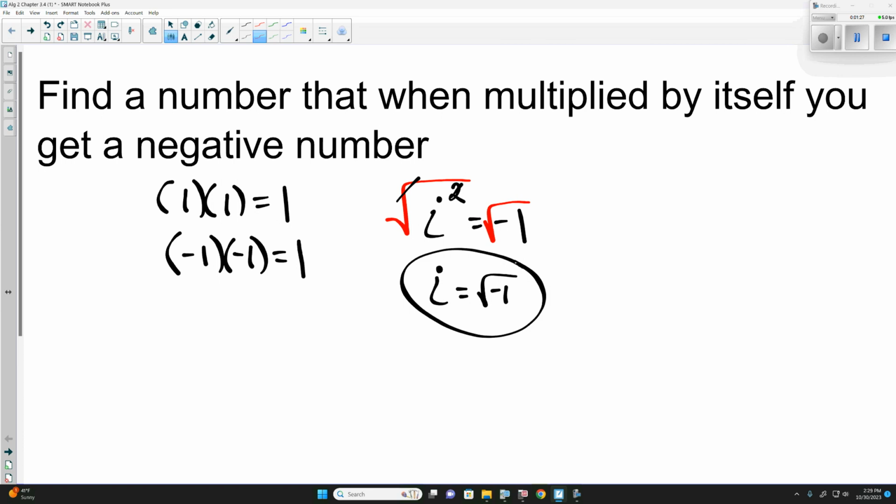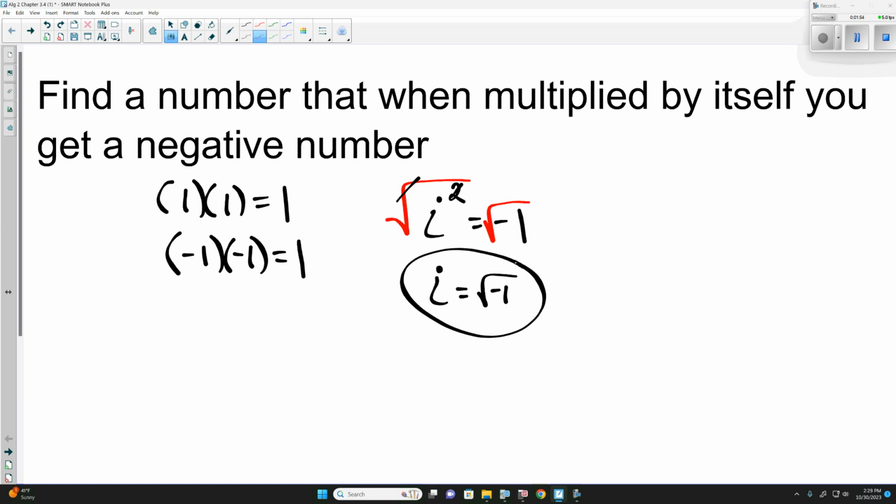And that actually is the case. i is the square root of negative 1. So by definition, i is the square root of negative 1.